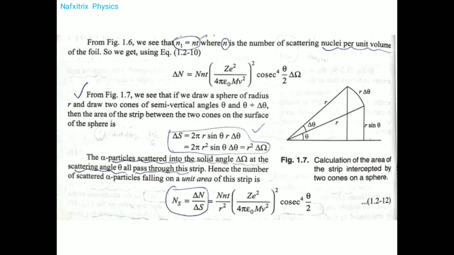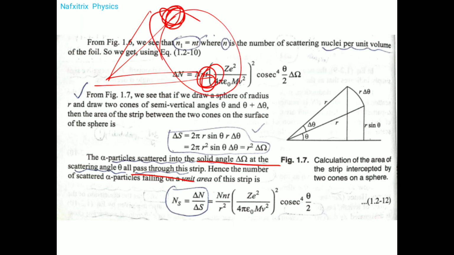So alpha particles scattered into solid angle delta theta pass through this strip. All the alpha particles which are scattered at an angle theta and theta plus d theta pass through this entire circular strip. We need to consider the conical form, and then we get a ring-like structure, that is this strip.